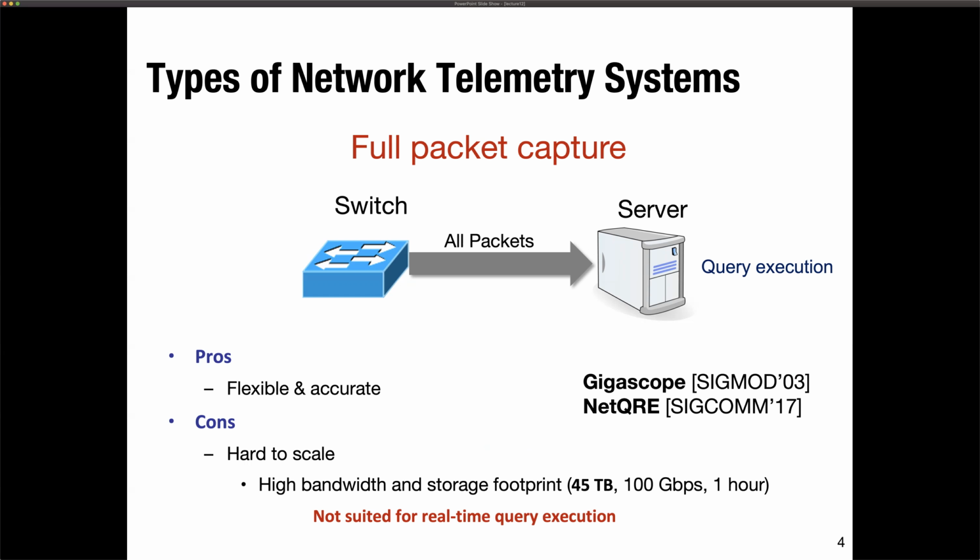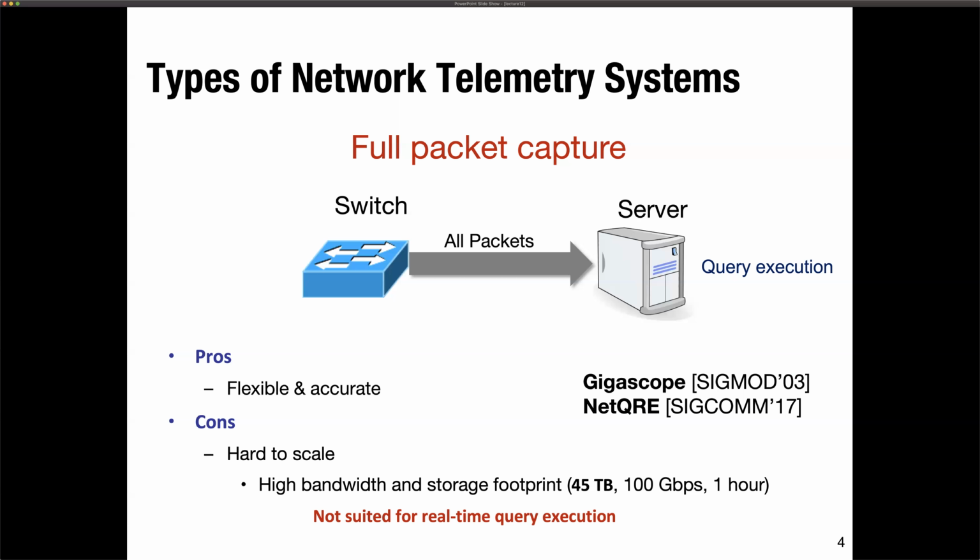It had a lot of interesting optimizations in terms of how it was doing the packet processing in the server. So it had some distinction about what set of operations it can offload to the fast path of the server, and what type of operations it has to run in the user space. So Gigascope was an interesting system, but it was in the part of the spectrum where we were doing the full packet capture from the network.